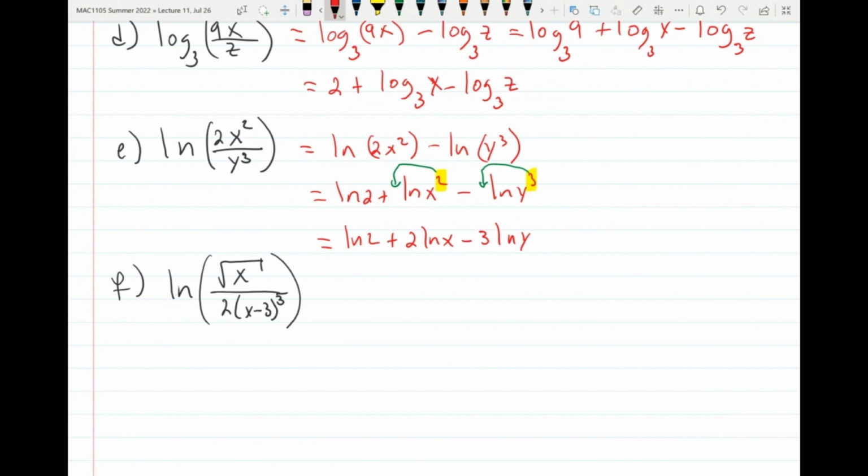By the way, there is a little technicality here, and it's that this equality is valid as long as x is positive.